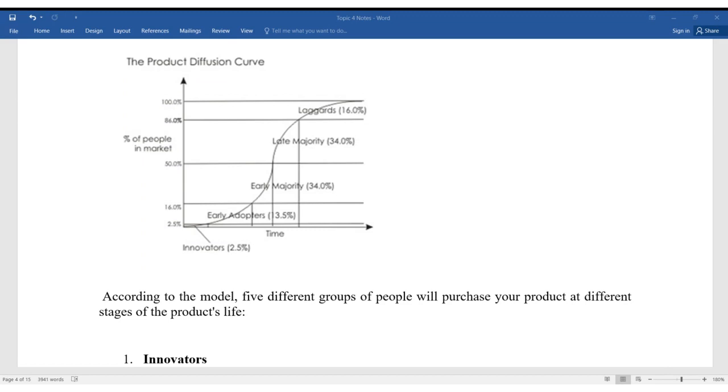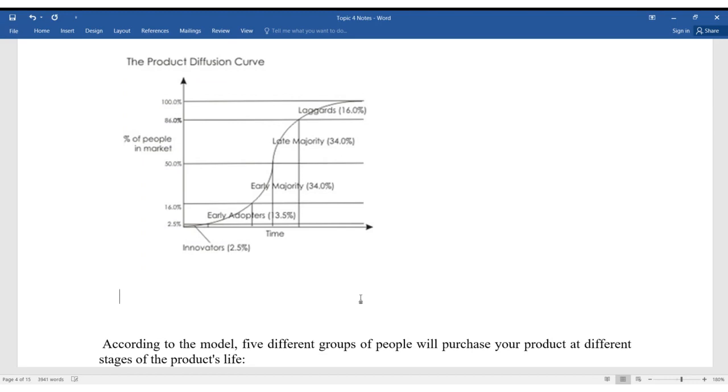Now, I want to show you a diagram which is much better looking. That's why I'm trying to check on it.